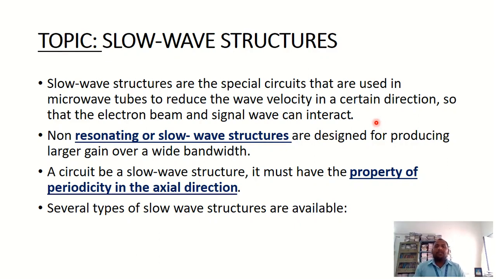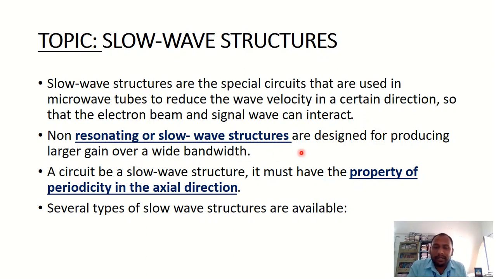And from the previous knowledge, we know the relation between the gain and bandwidth. If bandwidth is high, gain is less. If the bandwidth is low, gain will be more. If a narrow band, gain will be more.